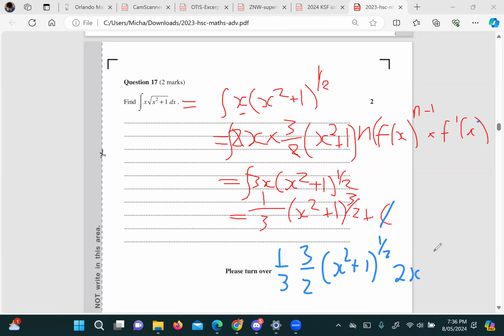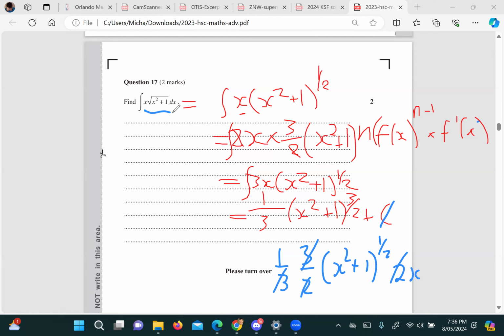So you cancel out the 3's and the 2's, and you get this thing here. Congratulations, full marks, and there's no plus C difficulties.